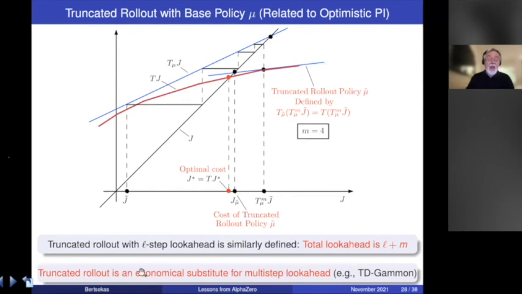So truncated rollout can be viewed as an economical substitute for multi-step lookahead. And this was the motivation of Tesauro when he introduced truncated rollout in the context of backgammon. Also, people use this rationale in MPC, using rollout with some base stable policy to enhance the starting point for the Newton step.